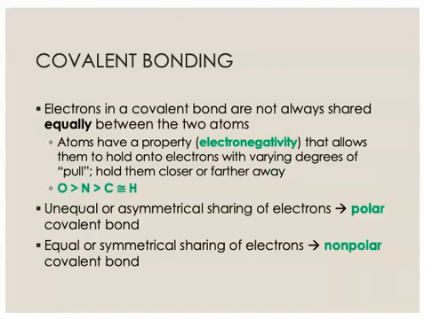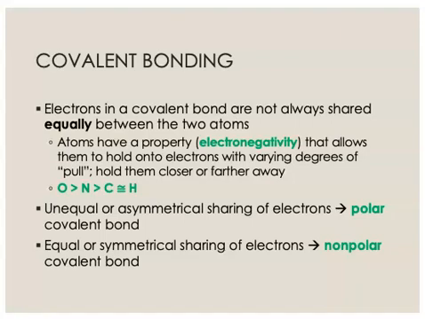Now, up until this point, most students can conceptualize the idea that two atoms can come together and share the unpaired electrons in their valence shells. Where it gets a little bit complicated is this next bit of information, and that's that sometimes when two atoms share a pair of electrons, they don't share those electrons equally. Atoms have a chemical property referred to as electronegativity.